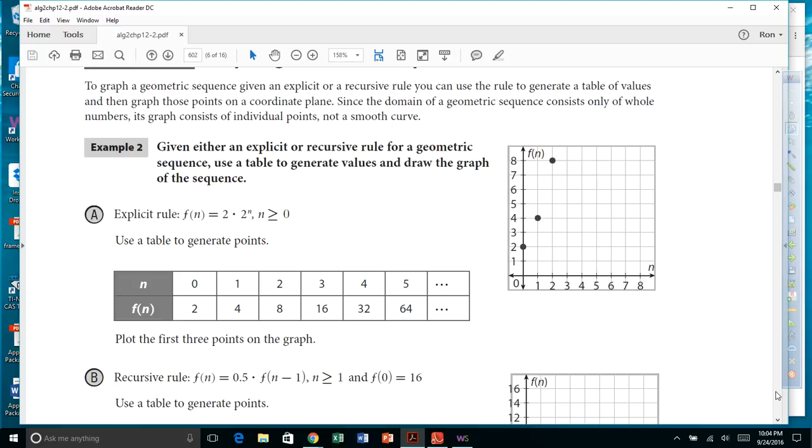So example 2, given an explicit or recursive rule for a geometric sequence, use a table to generate values and draw the graph of the sequence. So A is done for you, and take a second and review it.